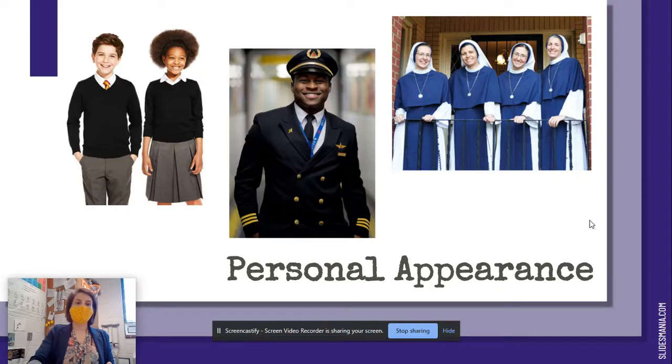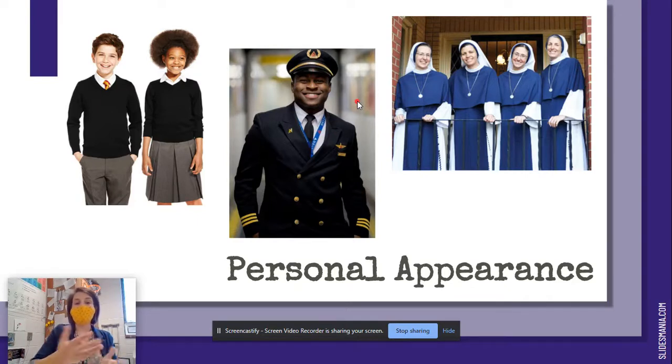Okay. So hopefully you kind of guessed, okay, so these kids are in uniforms and they're obviously kids. So maybe you jump to the conclusion that these are students that are in some sort of school that requires uniforms. Okay? And this middle guy here, okay, so you pick up that he has on a uniform, he's got on a hat. There's a couple of things you could think of, possibly military.